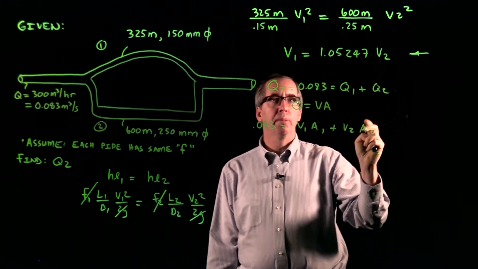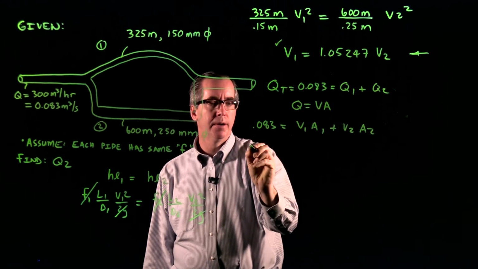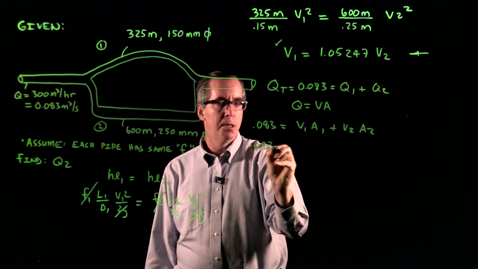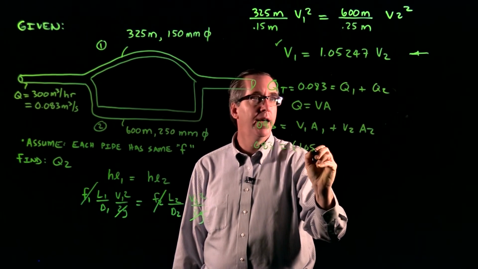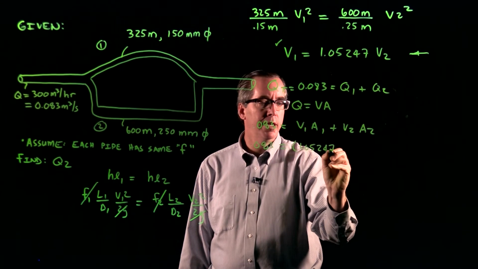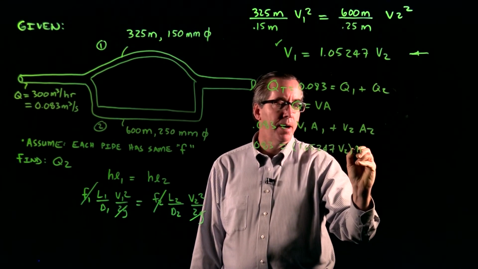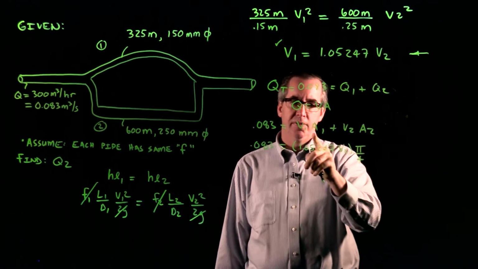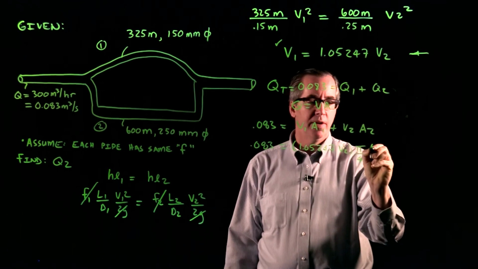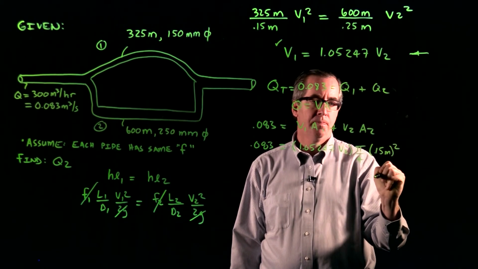What I'm going to do is substitute this expression I have for V1 in here. V1 is 1.05247 V2 times the area of my pipe. I've got pi over 4 times, I'm sorry, this is V1, right? So we've got 0.15 meters squared.